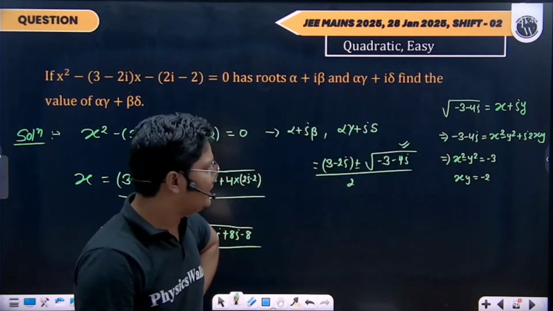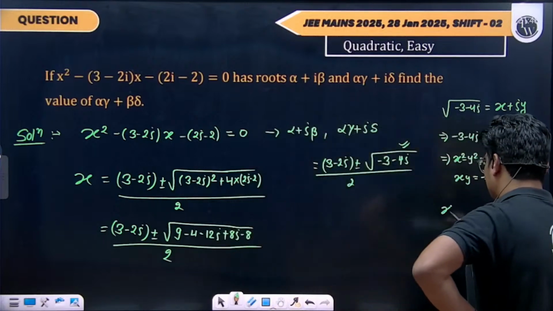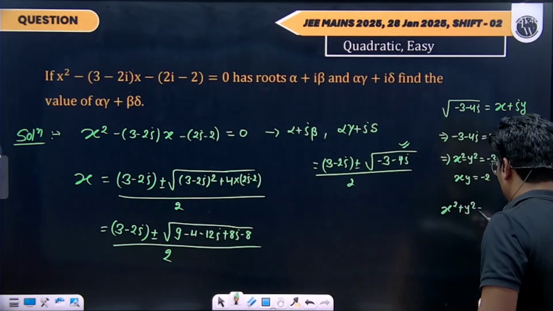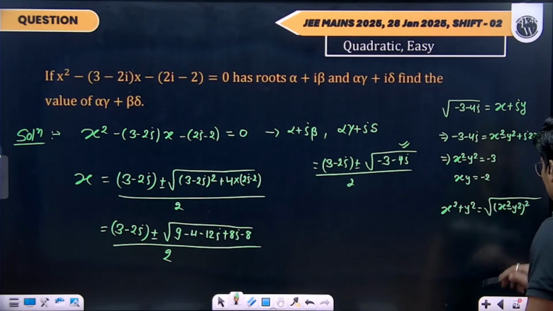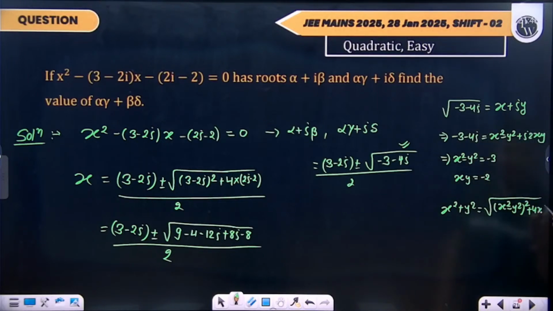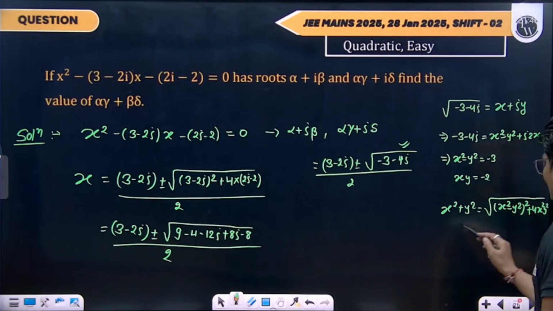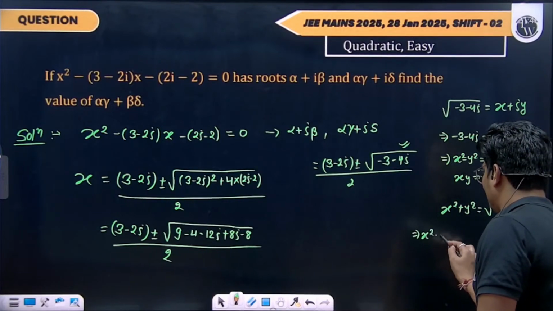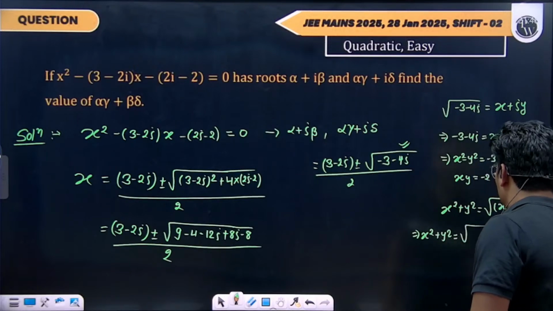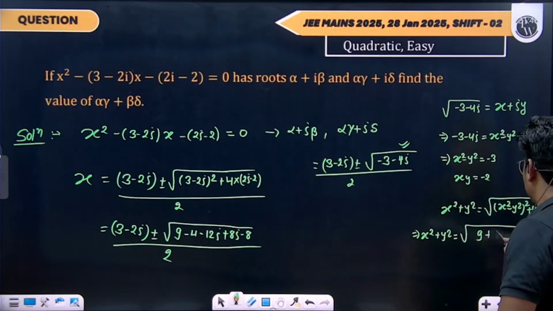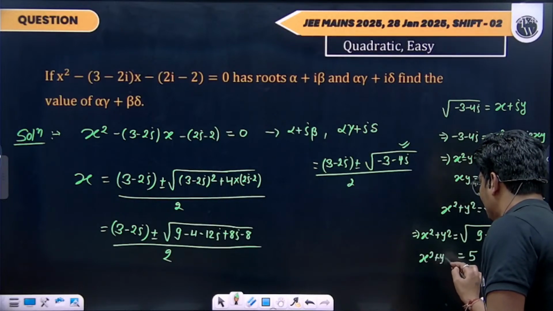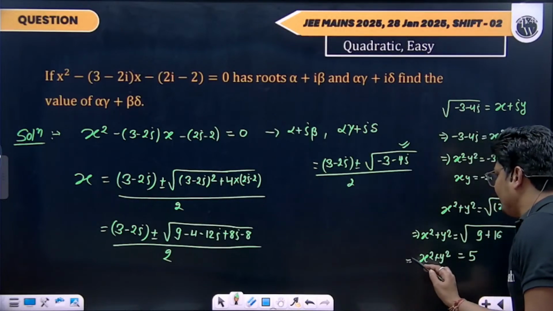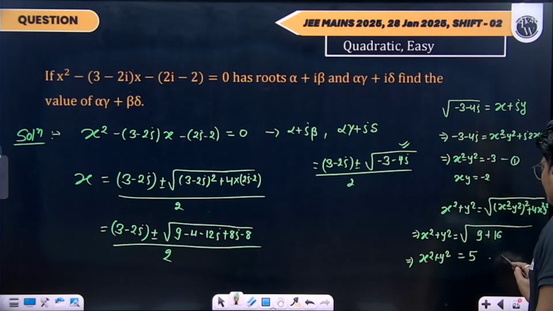So here we have to find a relation: x square plus y square is equal to the square root of x square minus y square to the whole power 2 plus 4x square y square. So now we will get the value of x square plus y square as the square root of 9 plus 16, that will be 5. So x square plus y square is 5, and this is equation 1 and this is equation 2.